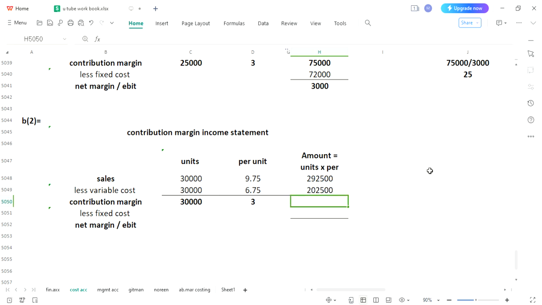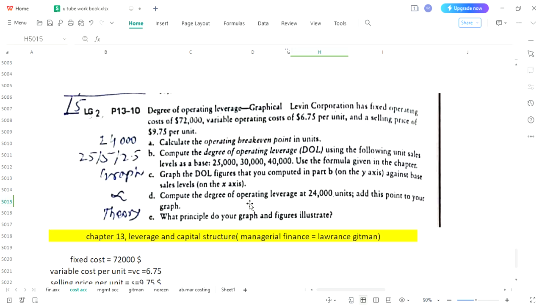Now contribution margin would be calculated similarly. Units would be multiplied with per unit. Units here are 30,000 and per unit contribution margin is 3. In this way we have calculated our contribution margin. Now we need to put our fixed cost, which is 72,000.